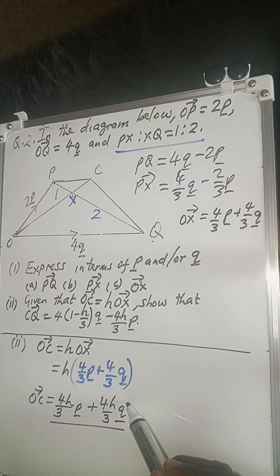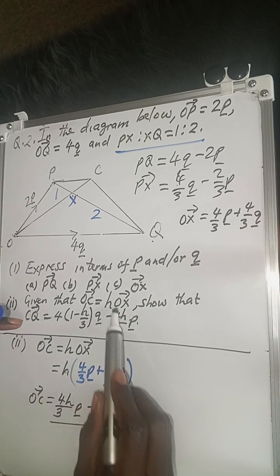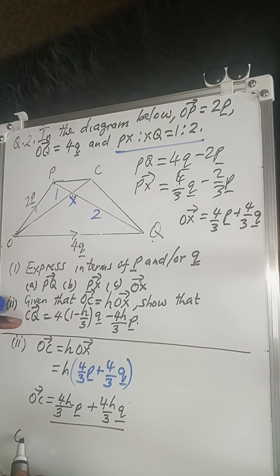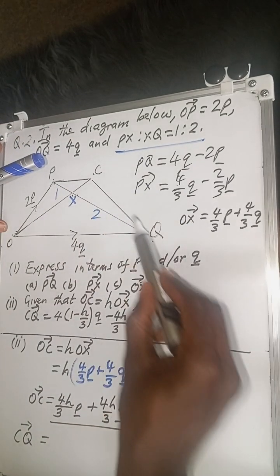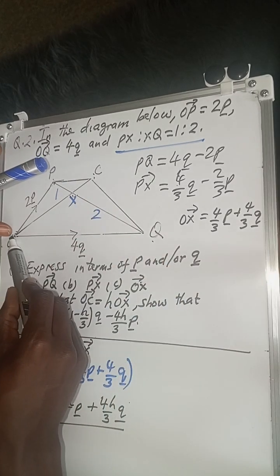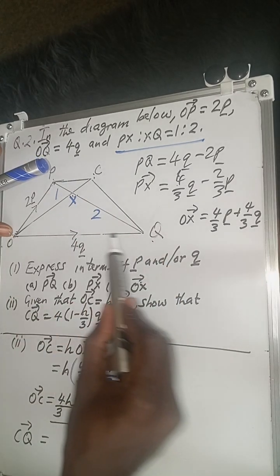Now, you are going to use this one to show that CQ is equal to that. So now, how do I get CQ? So for me to move from C to Q, I need to move also involving OC. So OC is here. So from C to Q, it will be CO combined with OQ.